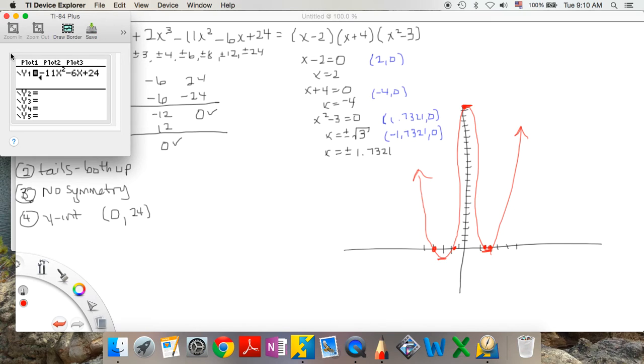Now a standard window is not going to help us here because we know we have to go up to at least 24. So let's put our window, and let's keep the -10 to 10 on the x scale, but for the y scale, let's go -50 to 50, and we'll keep it as a 10 step there, and then graph it.